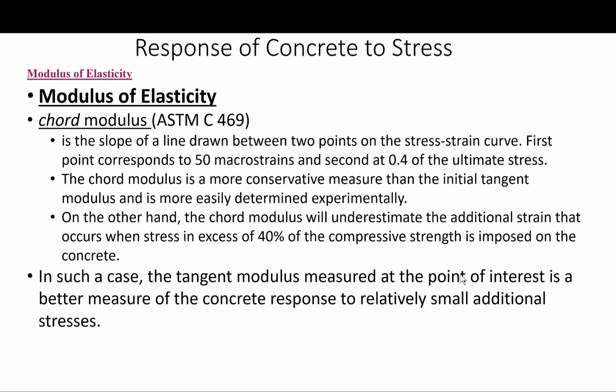So this is a limitation. In such a case, the tangent modulus measured at the point of interest is a better measure of the concrete response to relatively small additional stresses. And again, there are many limitations. I know there is a lot of information to digest here, but keep up with me.